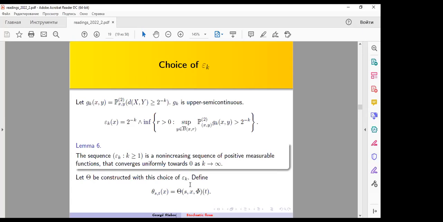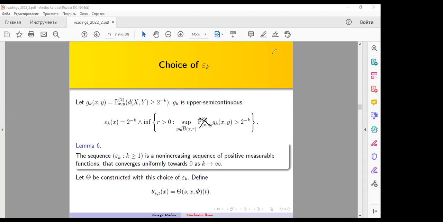So if the distance between x and y is less than epsilon k of x, then this probability will be less than 2 to the minus k, and we don't need it here.